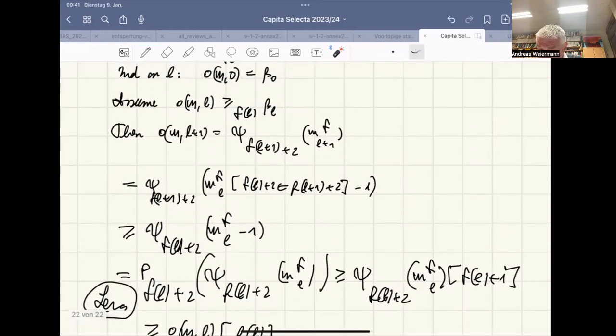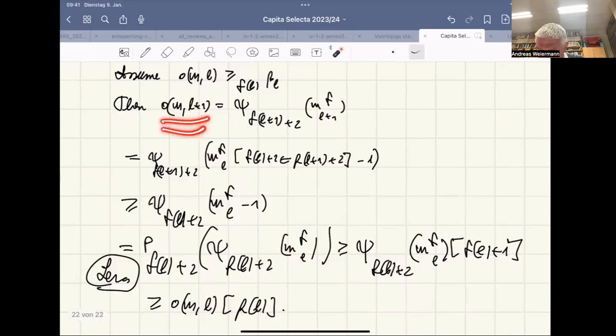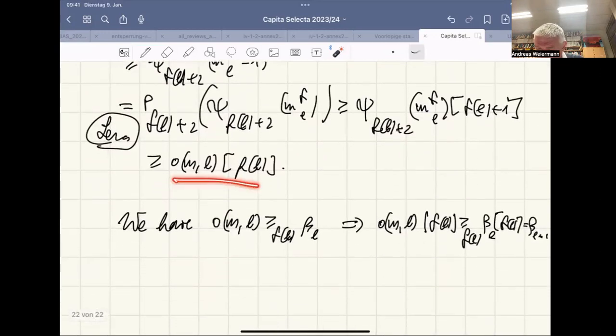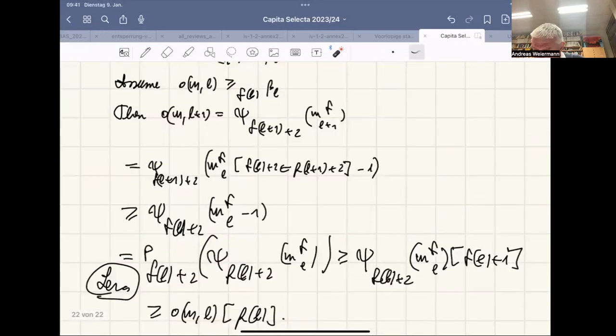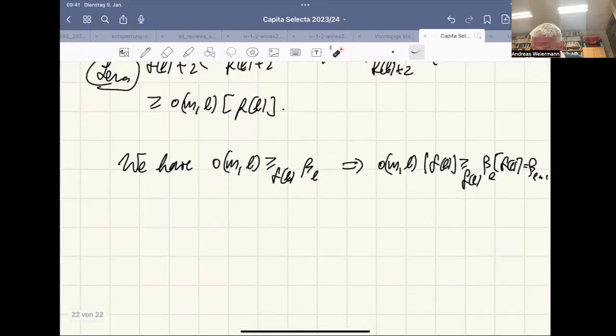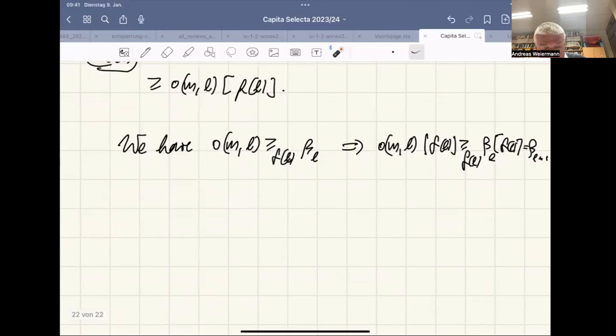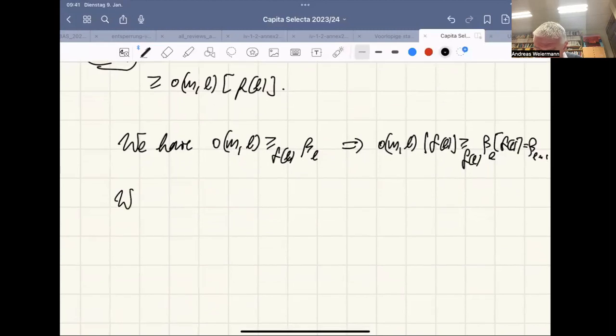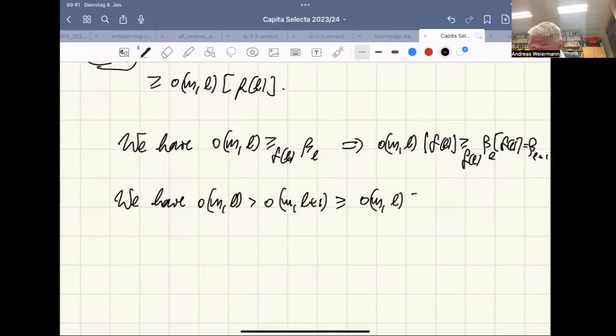Now we have to show that from this number, stepping down at f of L, we hit this number. Be careful, it is only at least as big as, so it's not pointwise equality. Anyway, it doesn't matter that much. We have O of ml bigger than O of ml plus 1, at least as big as O of ml f of l.